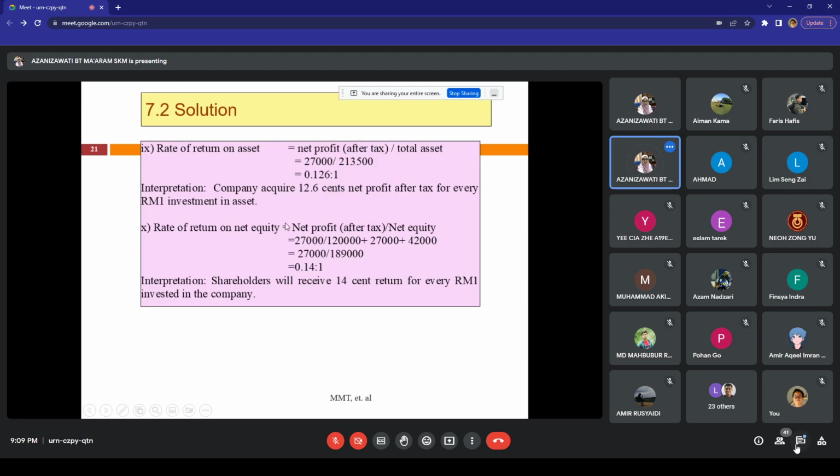Similar with the rate of return on net equity: shareholders will receive 14 cents return for every 1 ringgit invested in the company. The tricky part is only the interpretation, not the calculation of the ratio.